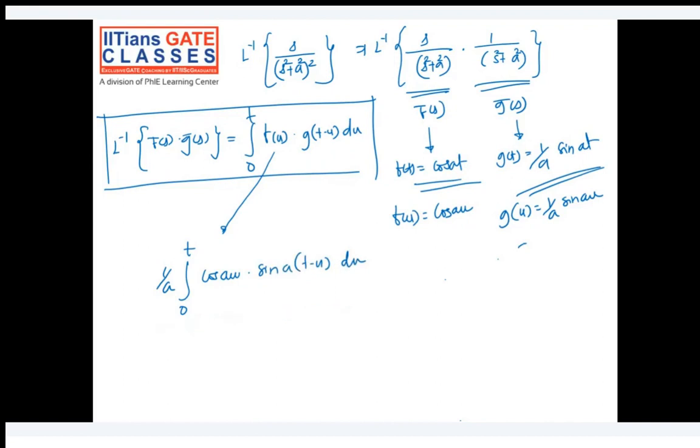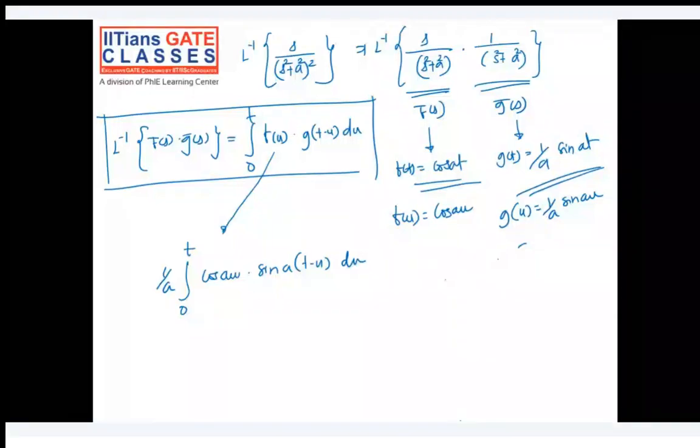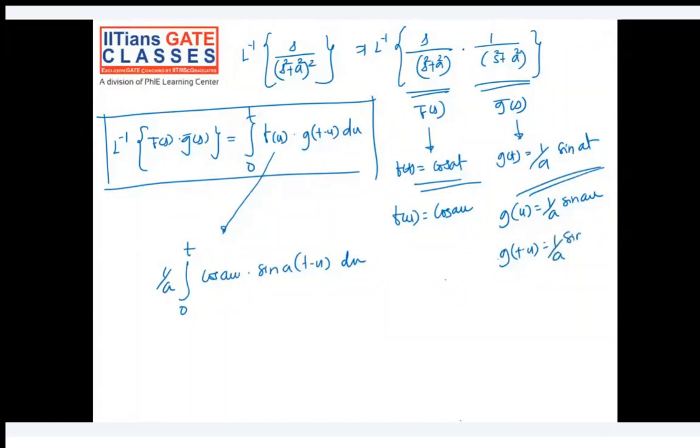Okay. So one function will become f of u. Another function is g of t minus u. So g of u is 1 upon a sine of au, so g of t minus u should be written as 1 upon a sine of a times (t minus u).